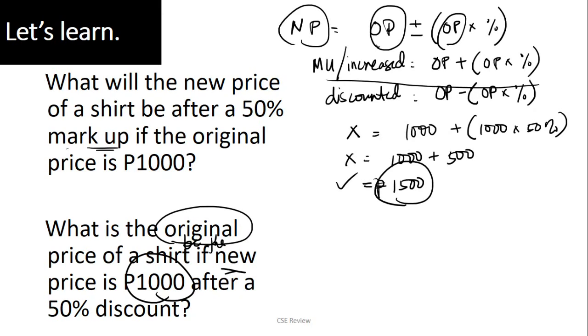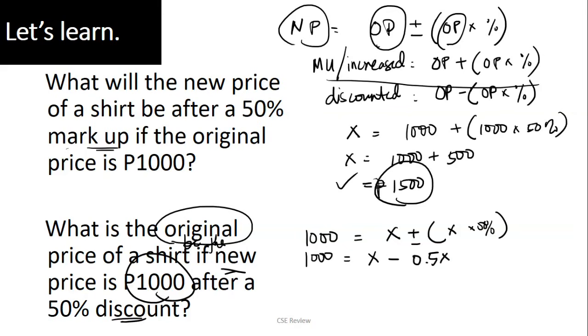So, ibig sabihin, yung new price mo, which is 1,000, is in this side. 1,000 is equal to the original price which is missing, so siya yung X, plus, okay, or minus, the original price, which is still X, times the percentage, which is 50%. And in this case, since nag-discount ka, the formula is going to be 1,000 is equal to X minus 0.5X.